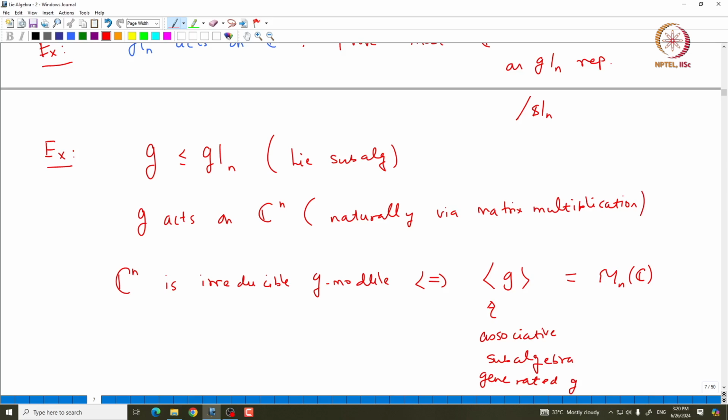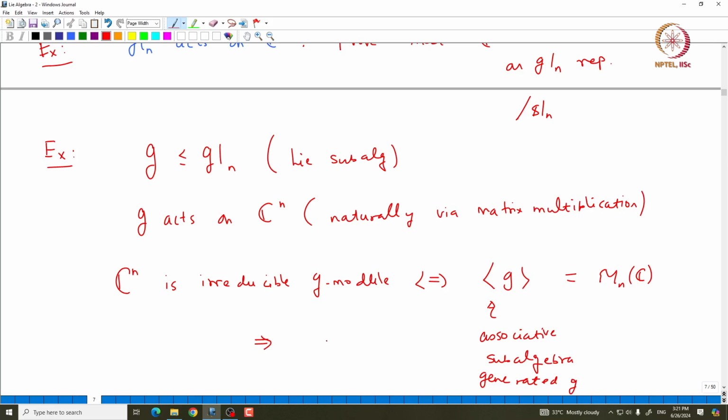Suppose G generates as an associative subalgebra Mn of C, then Cn must be irreducible, because any submodule of G will correspond to a submodule of Mn of C, but there are no proper submodules other than Cn. The converse part, okay, so whenever Cn is irreducible as a G module, then the subalgebra generated by G will become irreducible.